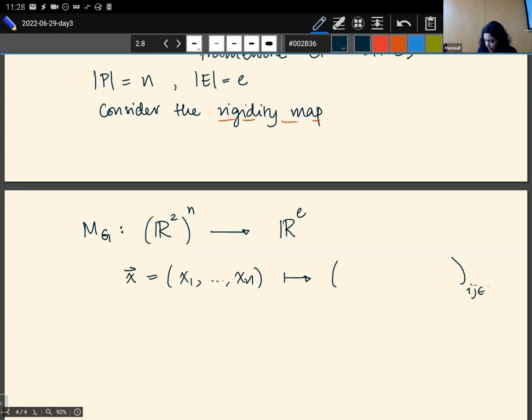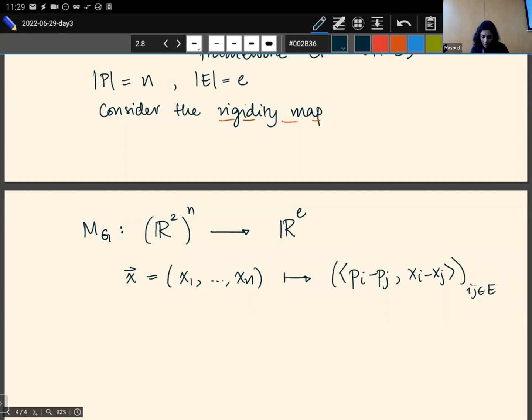So in the ijth position, where ij is an edge, I simply put this dot product: pi minus pj, xi minus xj. Okay, so if you recall, an infinitesimal rigid motion is a collection of n vectors which is killed by this map.